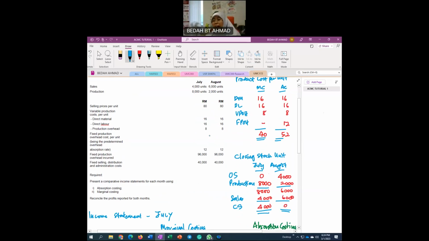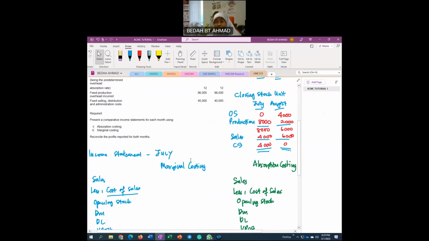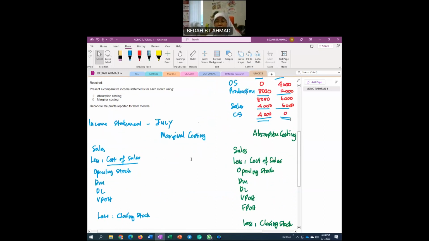Okay, I have prepared a format for the income statement. We start with marginal costing first. Never mind, you can start with absorption costing as well, but I wish to start with marginal costing. So we are preparing for July.